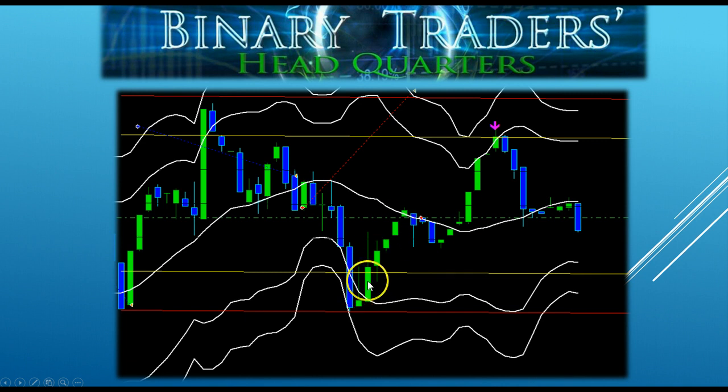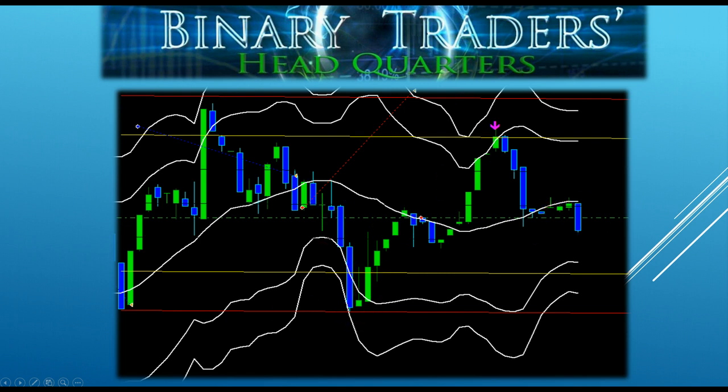The green ones are bullish candles, meaning price is going up, and the blue ones are bearish candles, meaning price is going down. On this particular candle, during the 1 minute, price was as low as here and as high as here. However, price opened at the bottom, moved up and closed here at the top. That's vice versa on these blue bearish candles. Bullish is up, bearish is down.